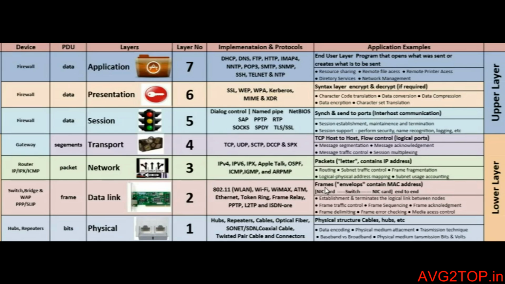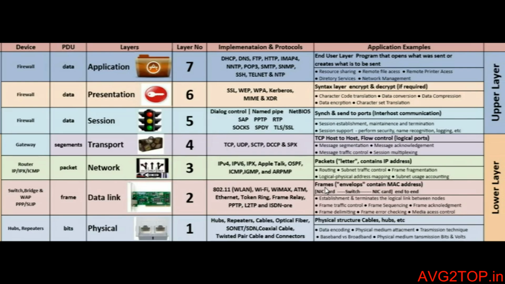Application layer. Application layer is the seventh layer in OSI, where it sends data to one node and also ensures that you have received the right information or the right data, same as the sender's information.